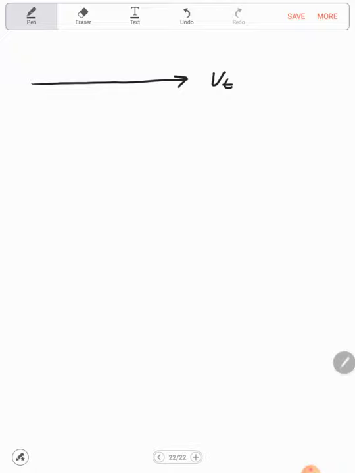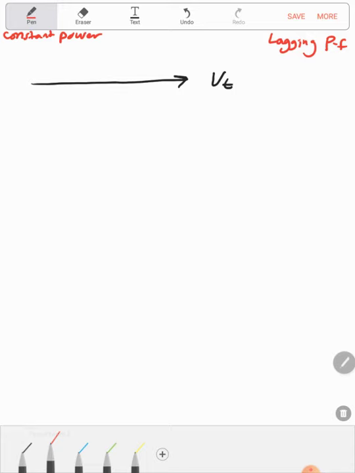And let's assume that I'm discussing a lagging power factor, and I'm assuming a constant power. So for lagging power factor, this means that the current lags the voltage.